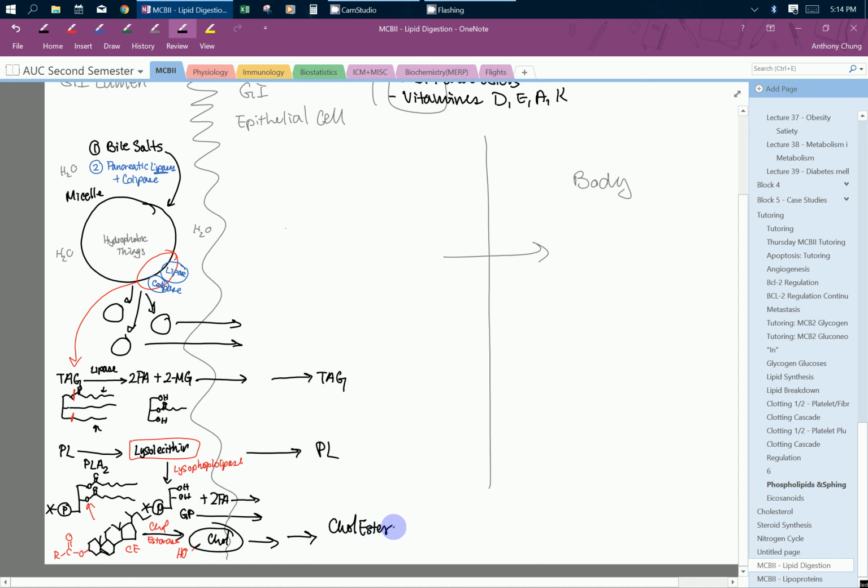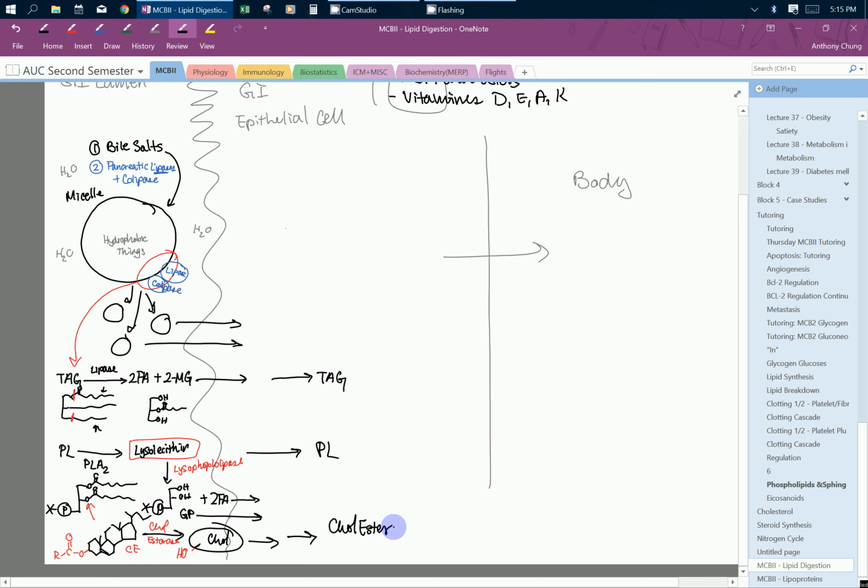Yes? For the triglyceride, in literature, for three fatty acids and glycerol, is that the same thing as two fatty acids and... Yeah, so basically what happens in the GI lumen, they don't cleave off all 3.